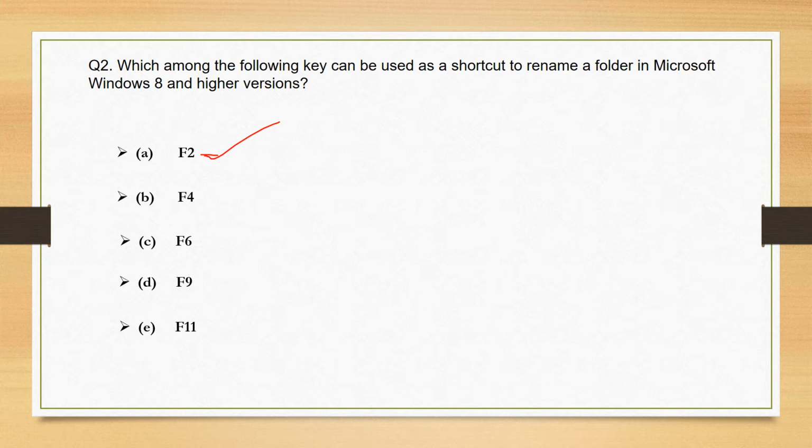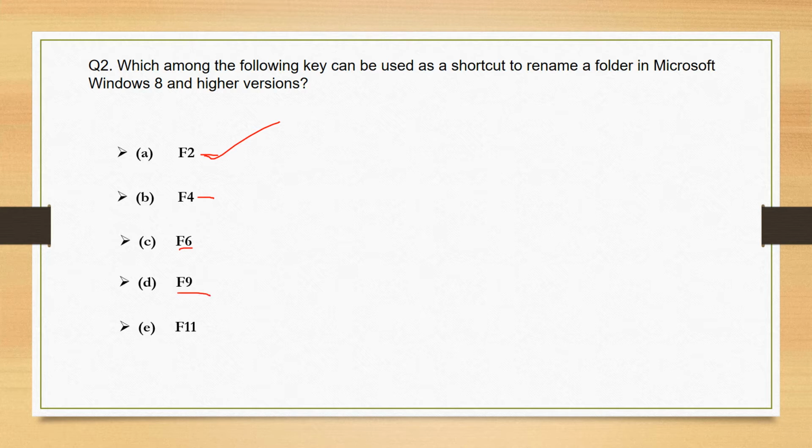So let's discuss what are the other options we have. We have F4. Basically F4 is a shortcut key which you can use in Internet Explorer. When you press F4, you will get an address bar on the screen. So this is used for getting the address bar in Internet Explorer. So what is the use of F6? F6 is also a shortcut key which is used to move the cursor if you are in Internet Explorer.